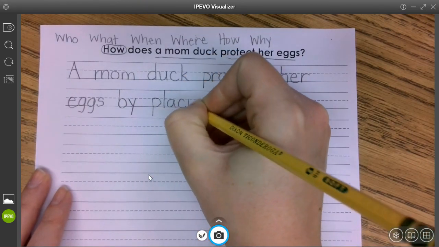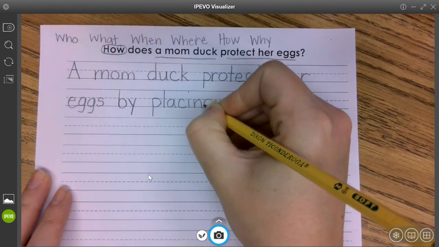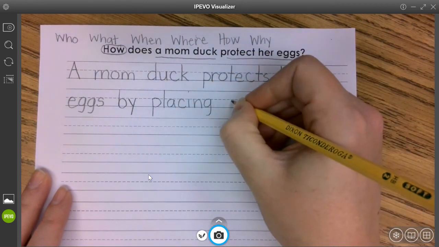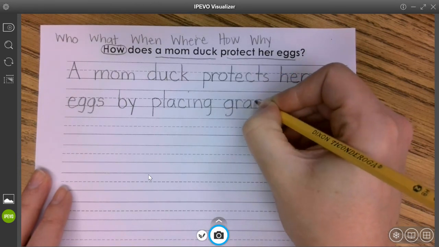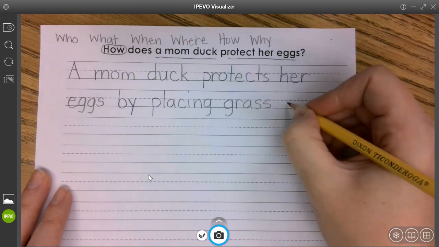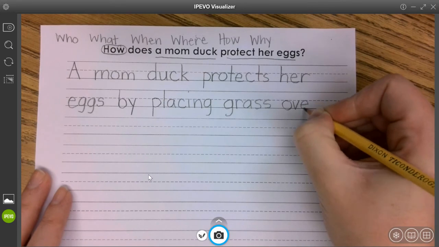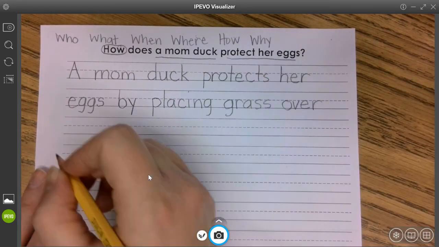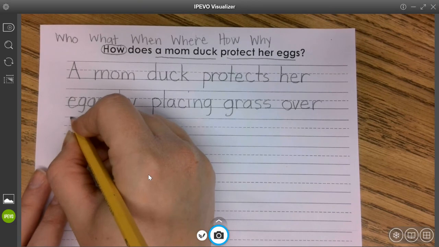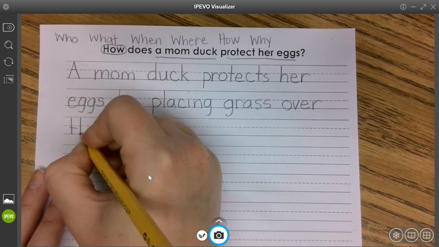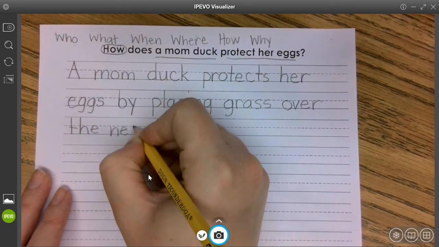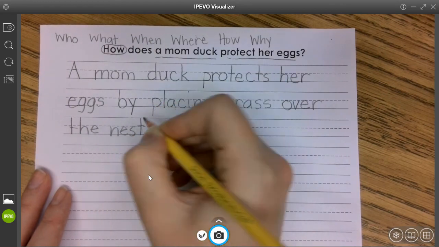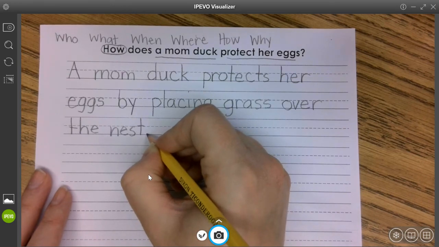By placing grass over the nest. Okay, and I end my thought with a period.